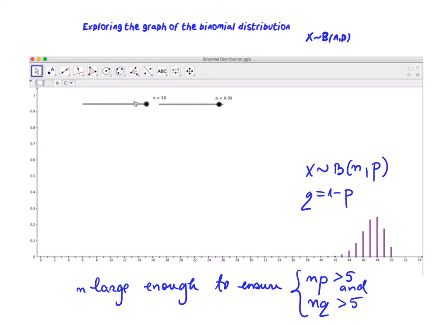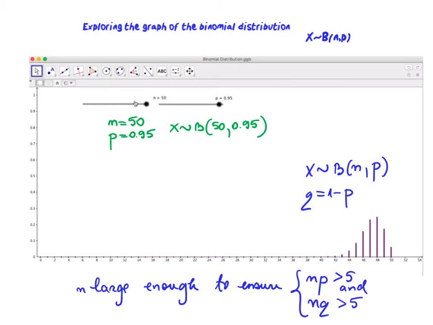As an example, here, in my case, n is 50 and p is 0.95. And we said that X is binomial distributed with 50 trials and 95% probability of success.